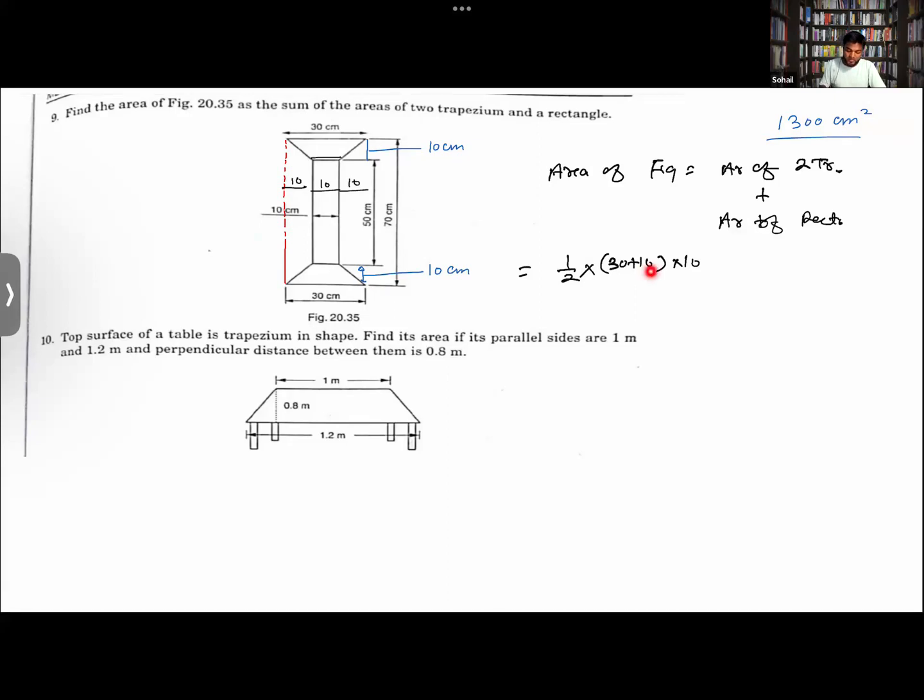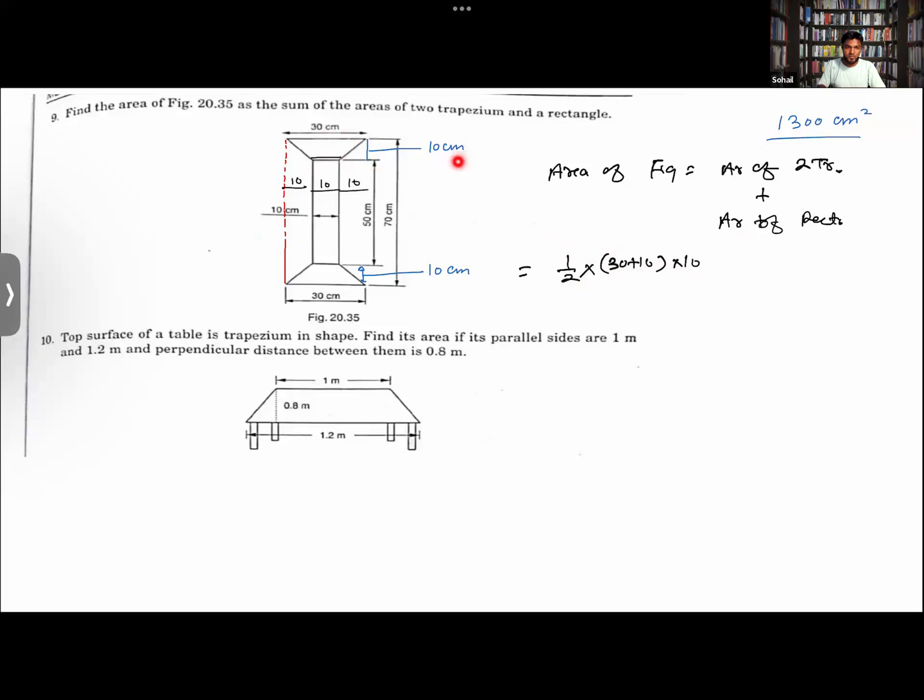Look, I have just taken one trapezium first. I have not taken both trapeziums yet. 30 is this distance, 10 is this distance, and the distance between them is 10 centimeter.